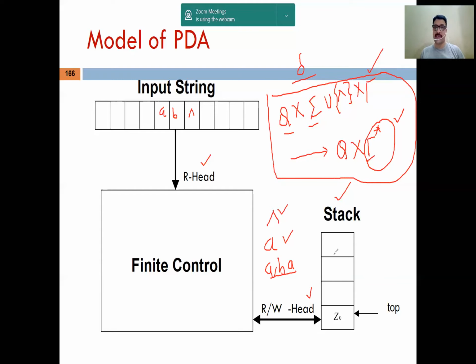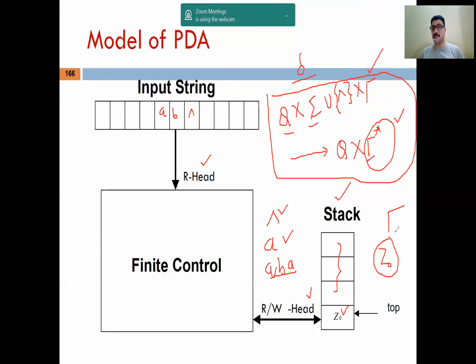And as I already told you, two symbols are new in case of PDA. The first one is tau and another one is Z0. So what is Z0? Z0 is the initial stack symbol. If suppose there is no element in the stack, only Z0 is there, it shows that the stack is empty, simply.